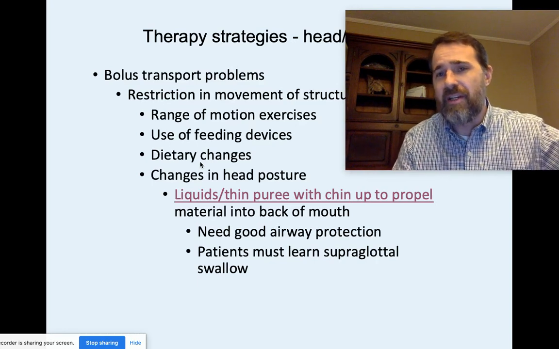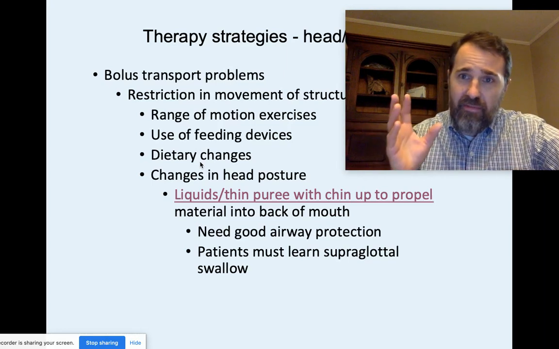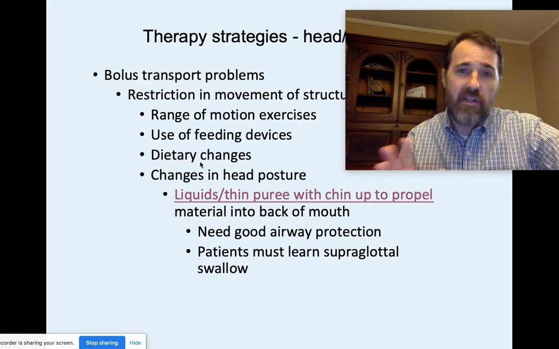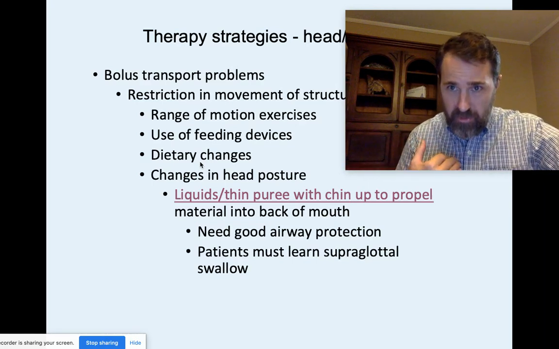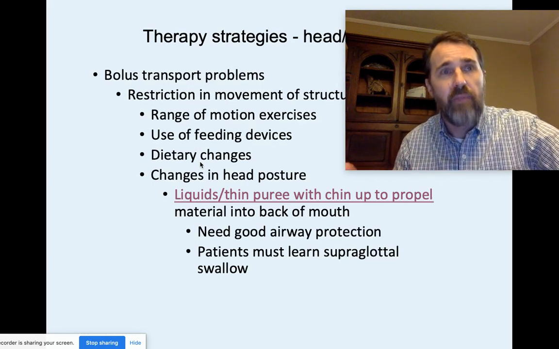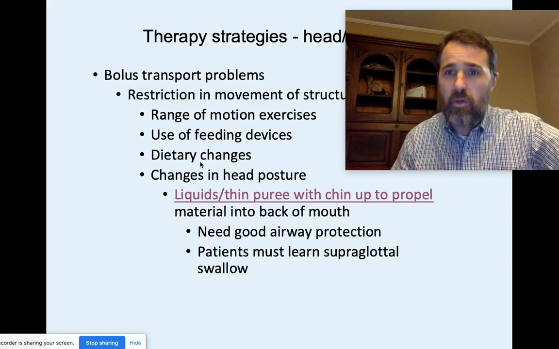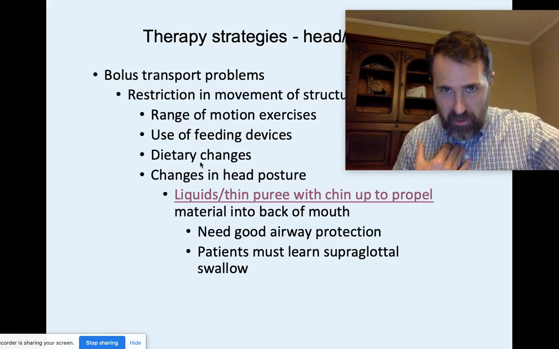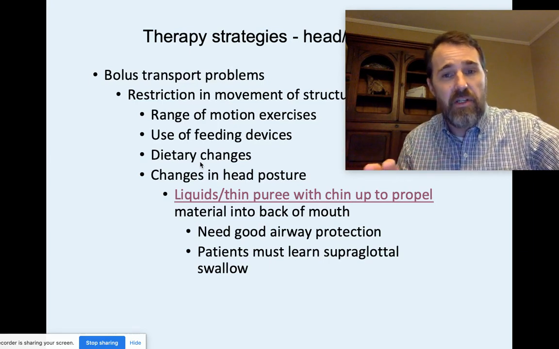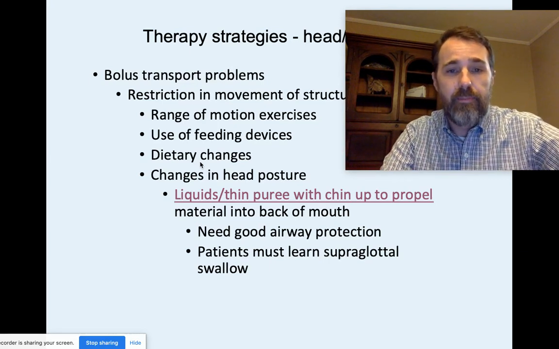The chin up strategy is outside of this situation and maybe a couple other situations, not something you do. Usually we do chin down. 99% of the time when you're working with dysphagia patients, you're going to be teaching the chin tuck, not the chin up. But in this situation, it would be appropriate.